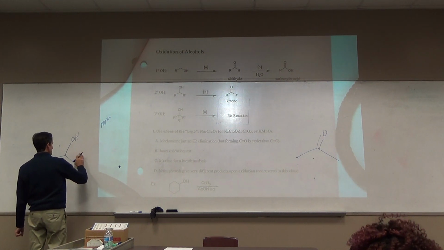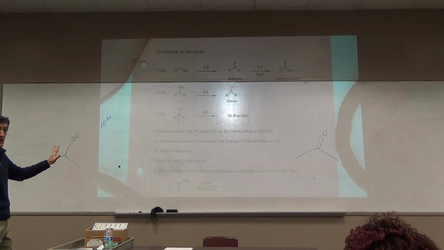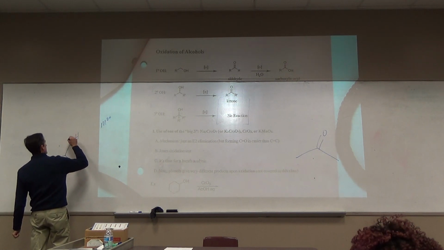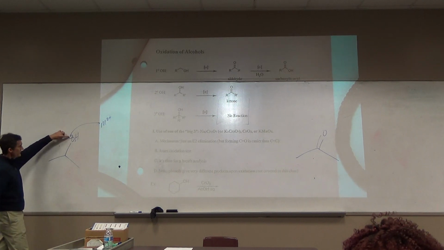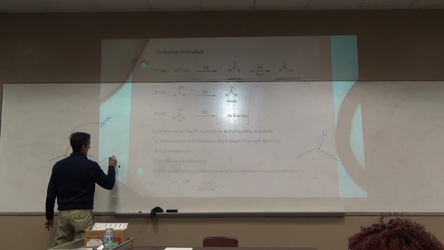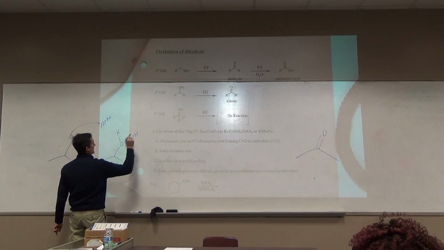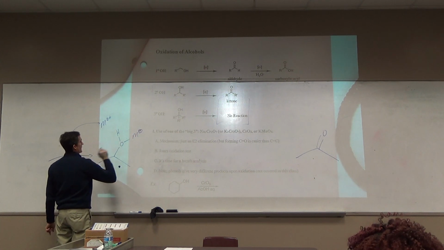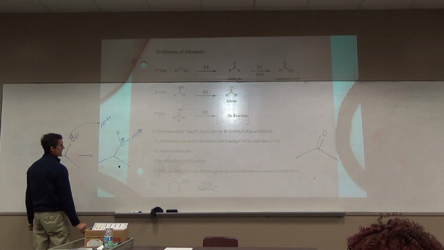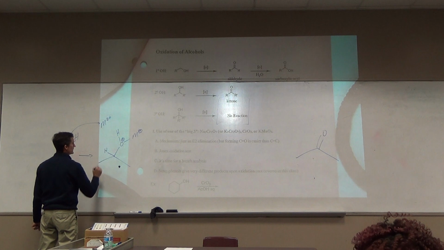It might be manganese, chromium, copper, and other things. Let's keep track of these electrons here. They attack your metal, and we get to something that looks like this. The metal is now only 1 plus. There's an H here.